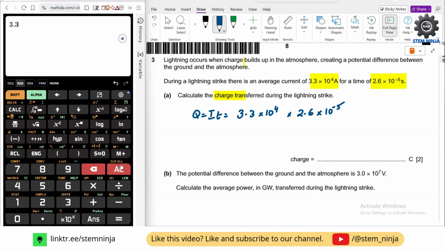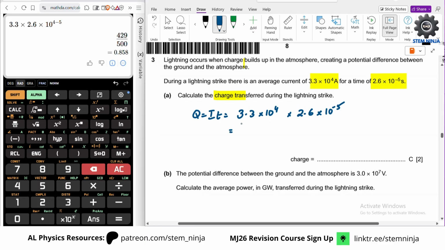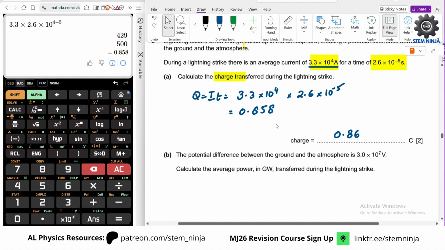So 3.3 times by 2.6 times by 10 raised to the power 4 minus 5, which is 0.858, just to make sure that we have it correct. 10 raised to the power 4 IT 10 raised to the power minus 5, right? So 0.86 we can say.